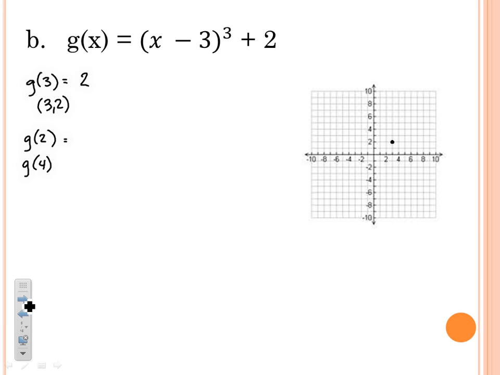So g of 2 is going to be 2 minus 3 cubed plus 2, which is negative 1 cubed, which is negative 1, plus 2 is 1. So (2, 1) is a point.